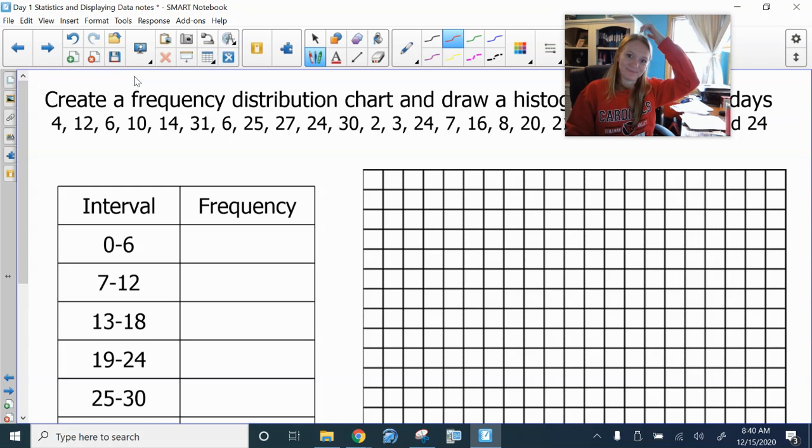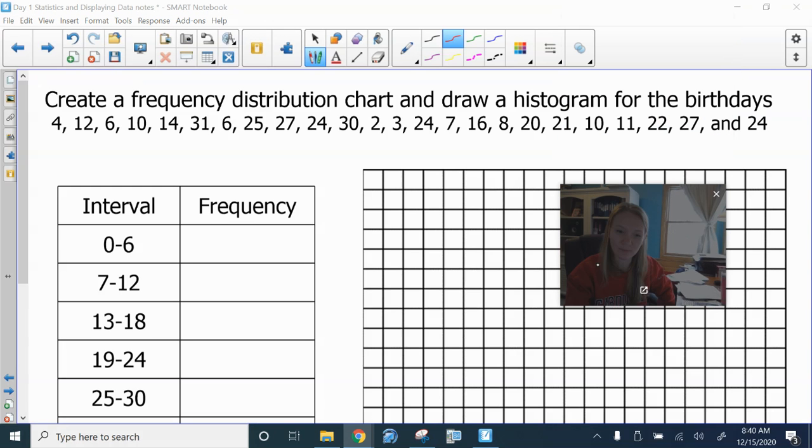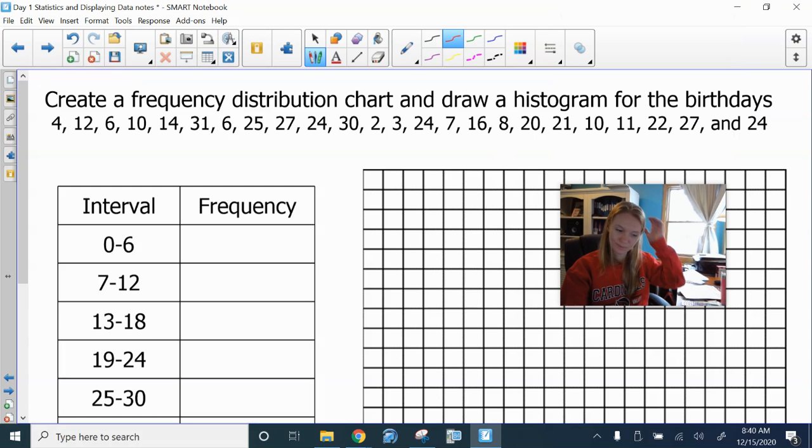All right. So I realized that this got cut off on your paper. The graph part got cut off. And we're just going to sketch something in here, so it's not that big of a deal. We're going to create a frequency table using that same information. So frequency table, remember that was like the tally marks.